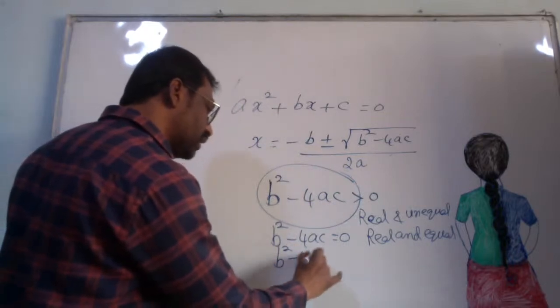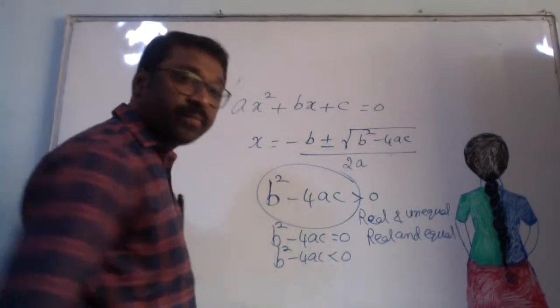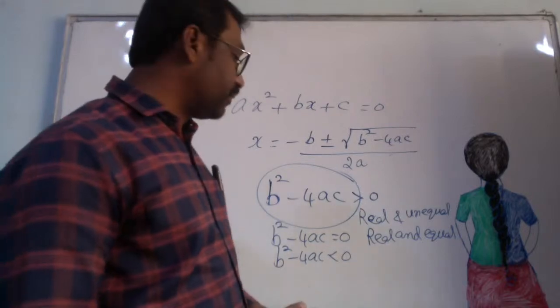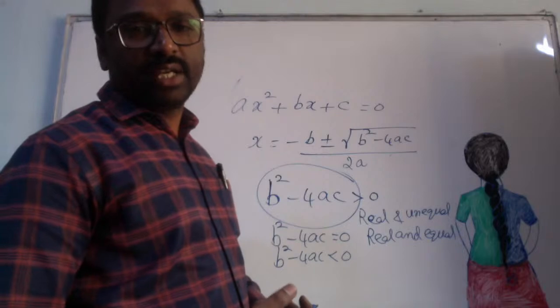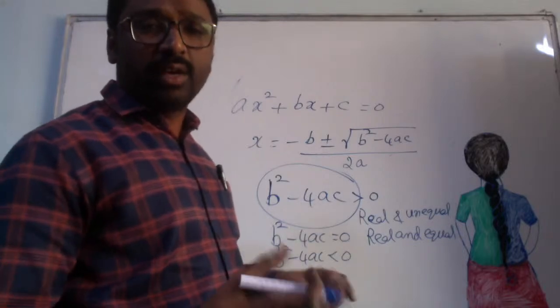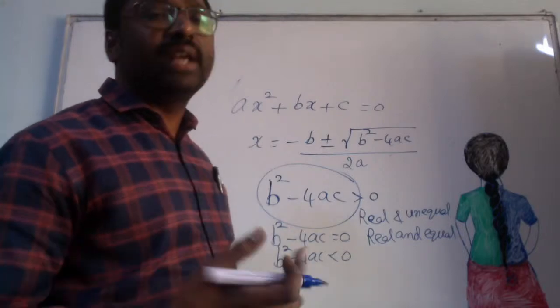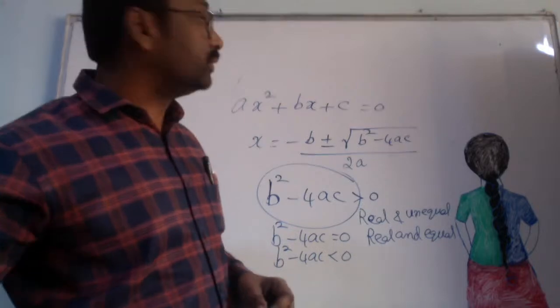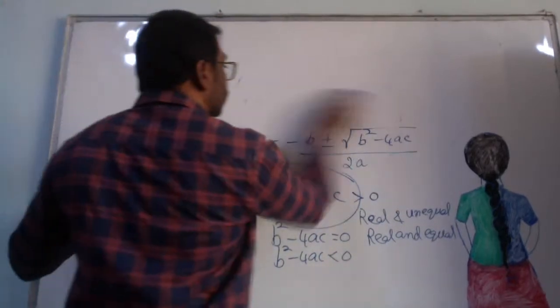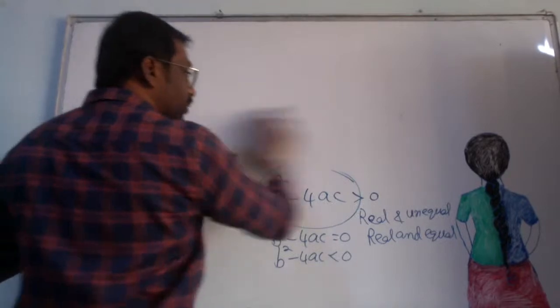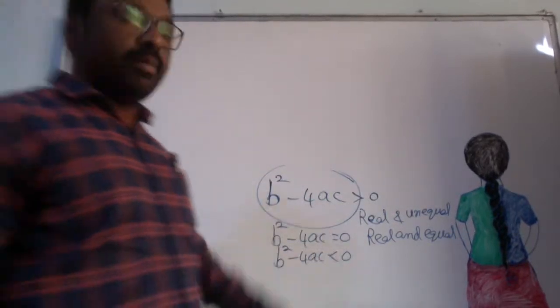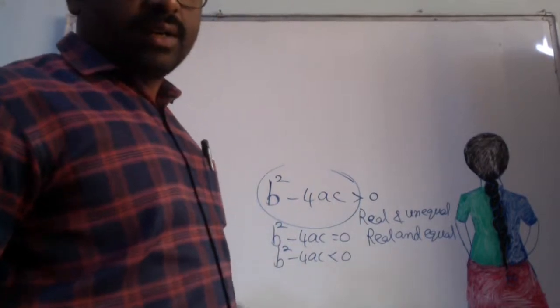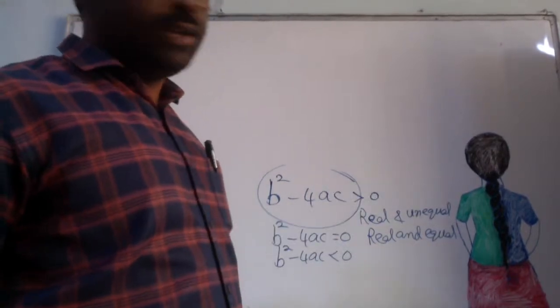If b square minus 4ac is less than 0, the roots are not real. They are complex roots, imaginary roots, that can be studied in 11th standard.